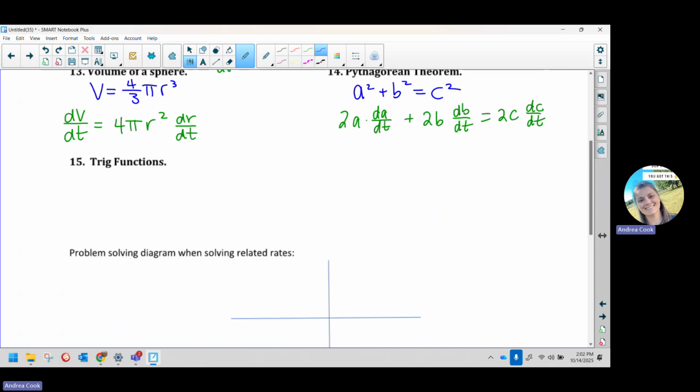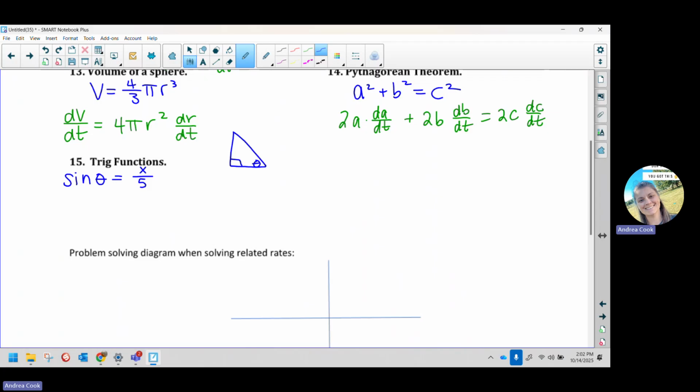Trig functions. I want to put in constants here. So if I have a right triangle, and I'm using theta, I'm doing SOHCAHTOA, okay? So sine of theta is opposite over hypotenuse.